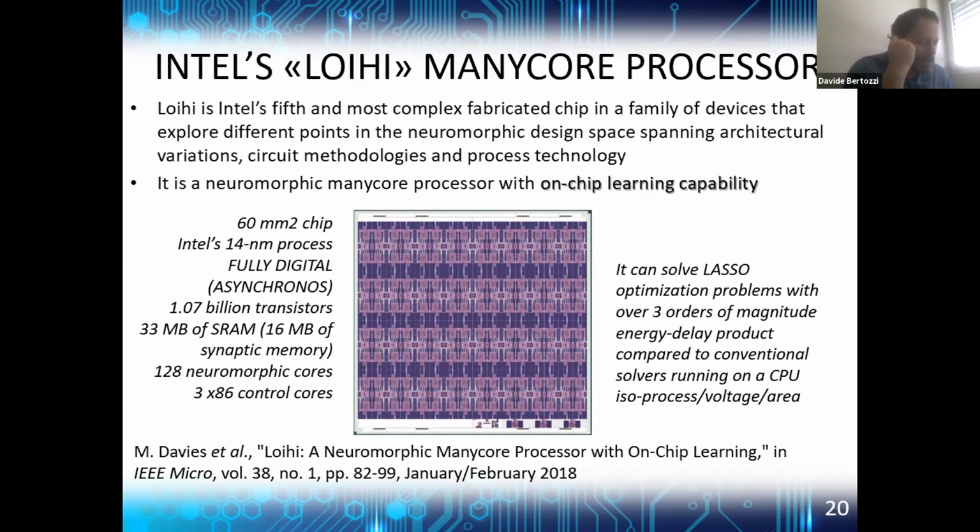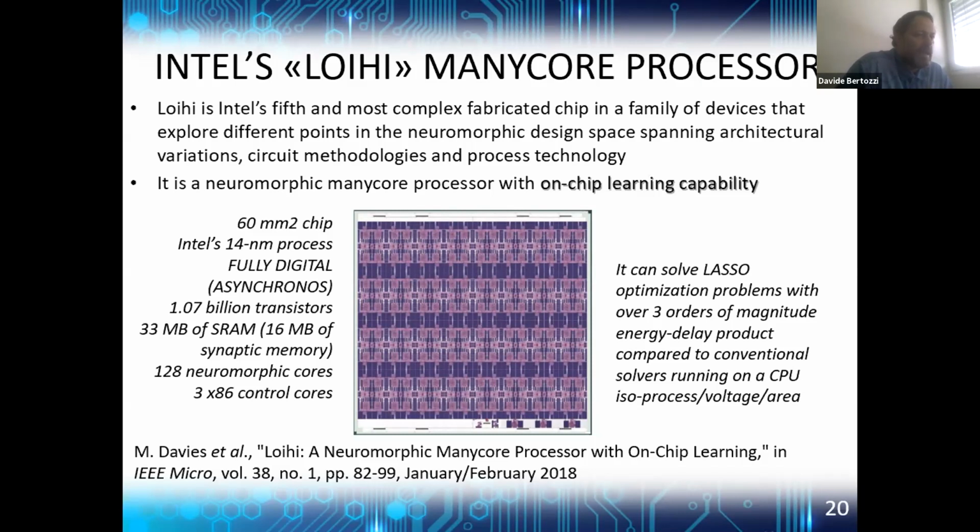In this slide, I will present a real case study, the Intel Loihi chip. It is the 5th generation of self-learning neuromorphic test chips for research purposes. It was introduced in November 2017 by Intel Microarchitecture Research Lab.